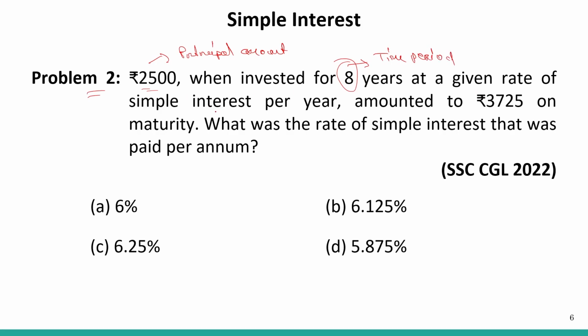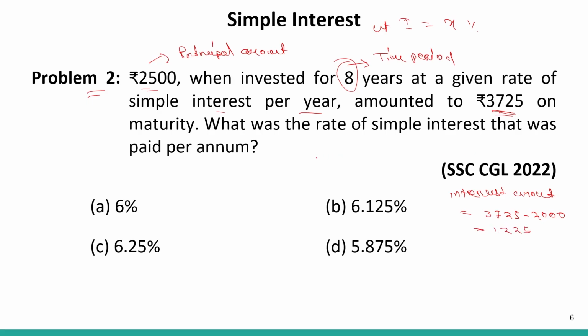Given a rate of simple interest per year, let it be X%. So this amounts to 3725. So the interest amount is equal to 3725 minus 2500, which is 1225.